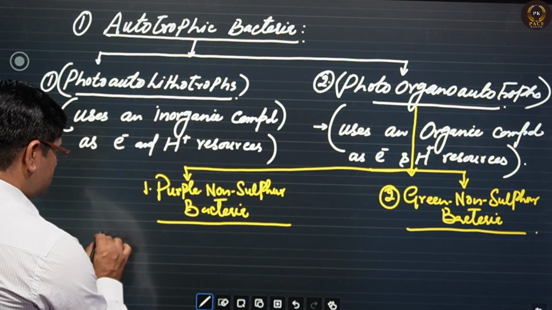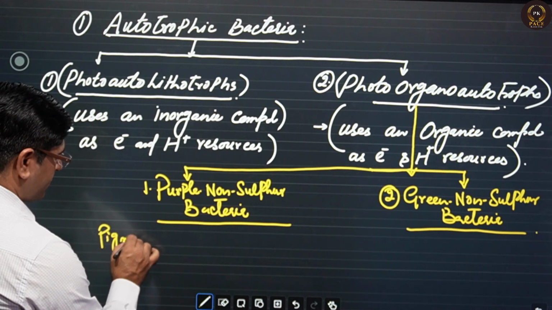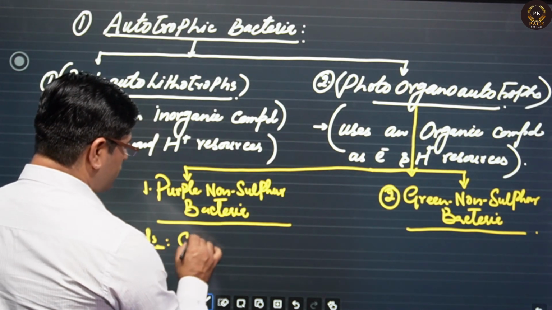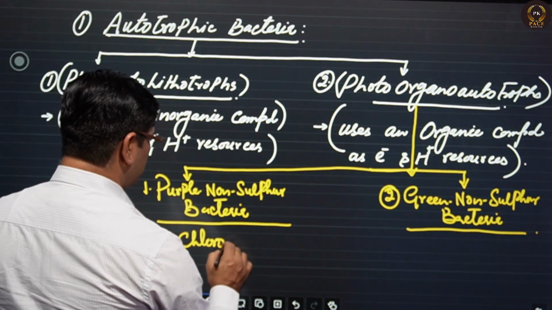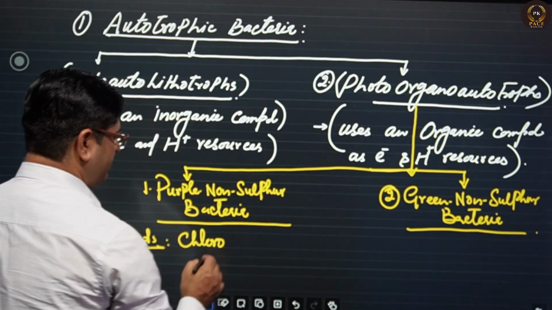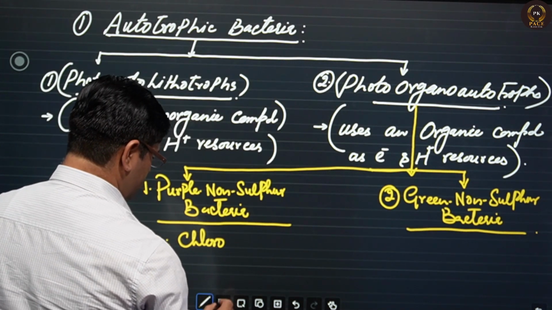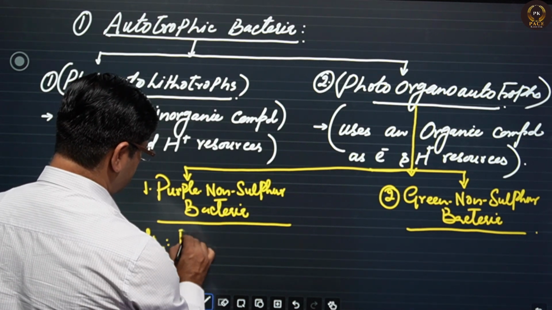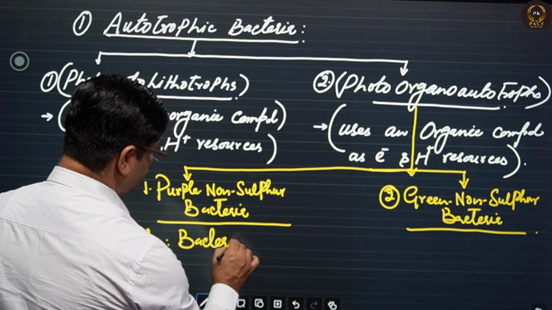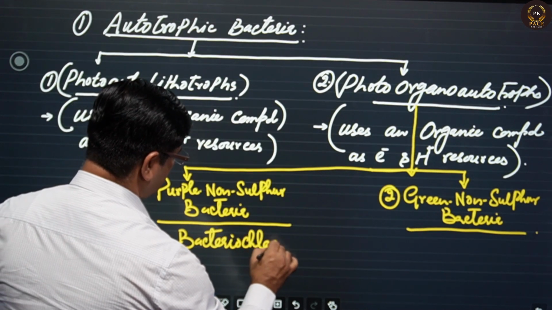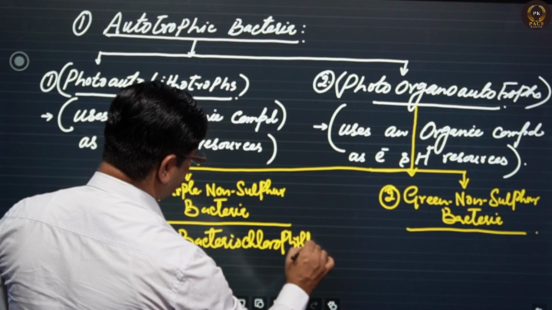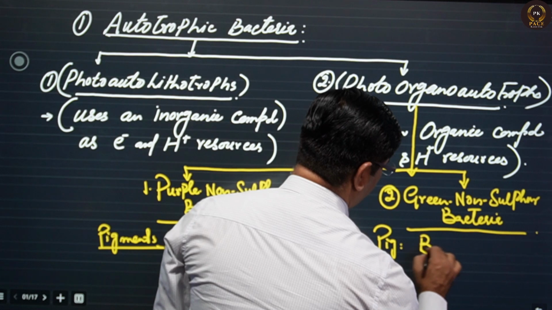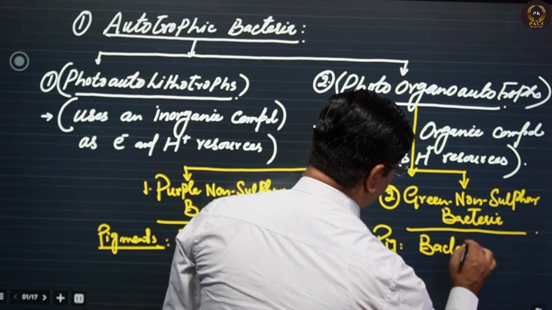So what is the difference in their pigments also? There is a difference in pigments mainly. One has a pigment called bacteriochlorophyll, and the other has the pigment which is called bacterioviridin.